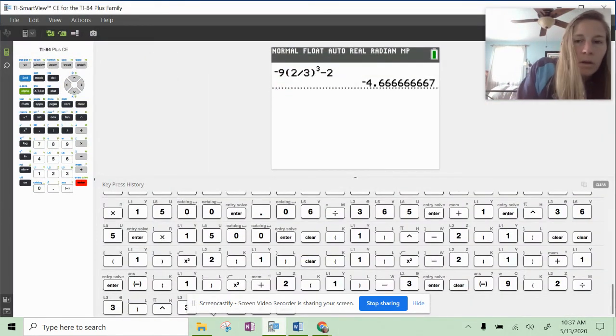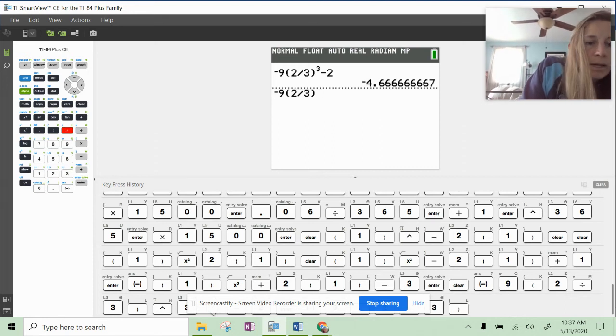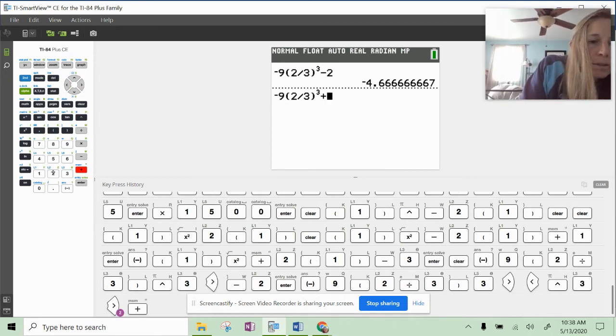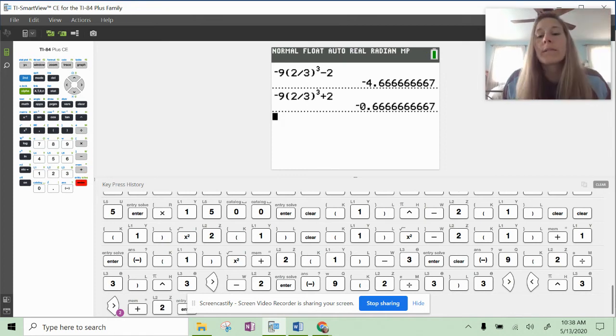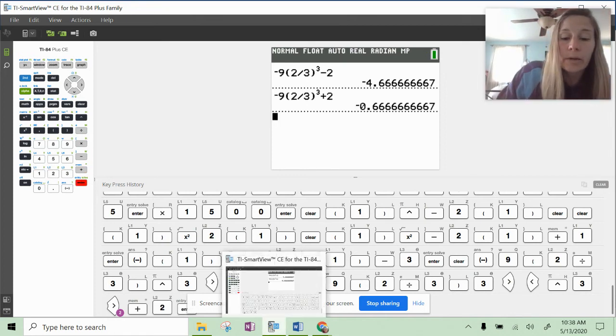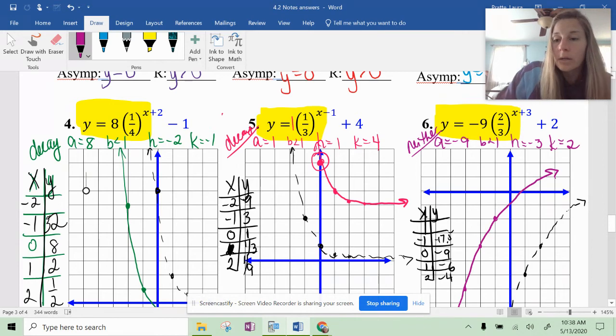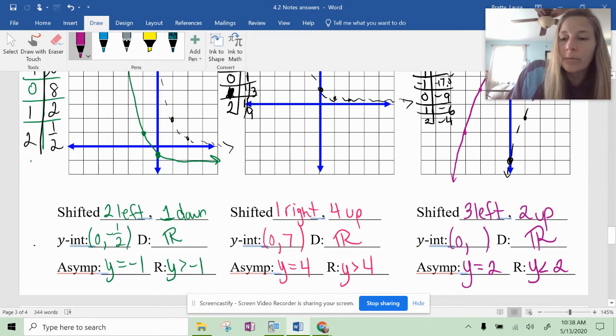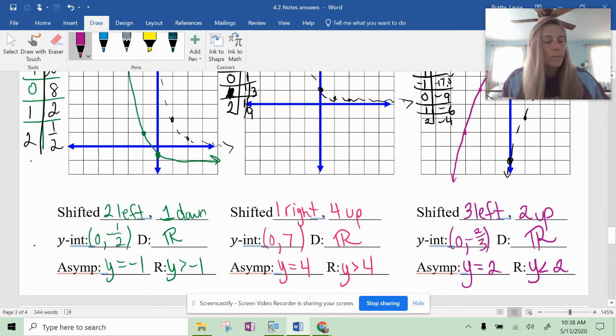Okay. All right, so -9 times 2/3 raised to 3. Oh, shoot. Raised to 3 plus 2. All right, so -0.66 repeating, or -2/3. So preferably give me the answer as a fraction rather than a repeating decimal, and there you go.